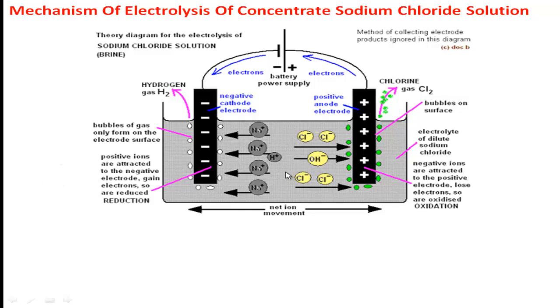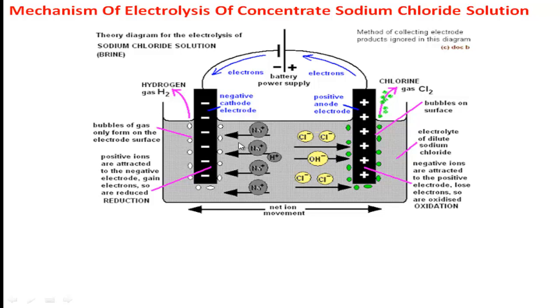So there are sodium ion and hydrogen ion, and as anions there are chloride ion and hydroxyl ion. Now among these ions, which one will be discharged first, or which one will undergo the oxidation or reduction reaction? Now we will find out.